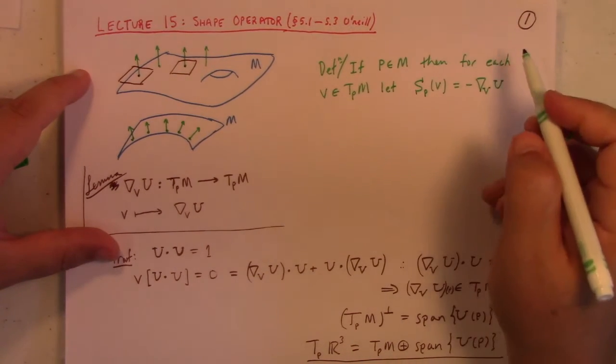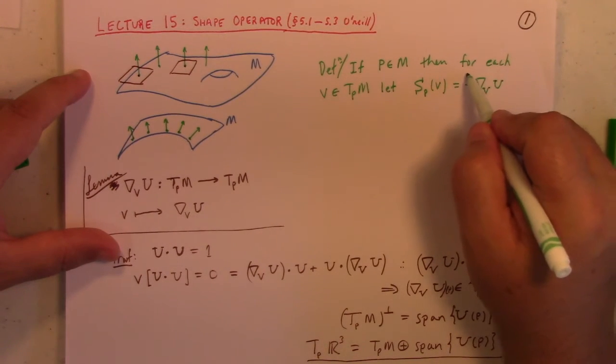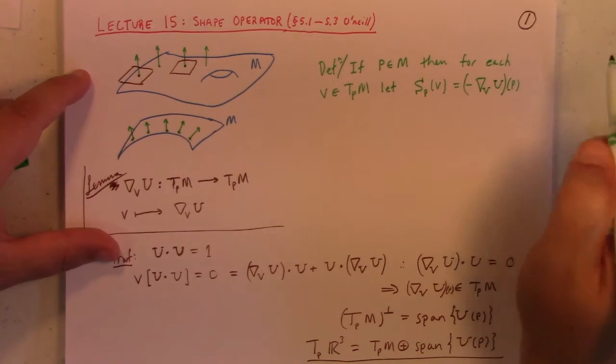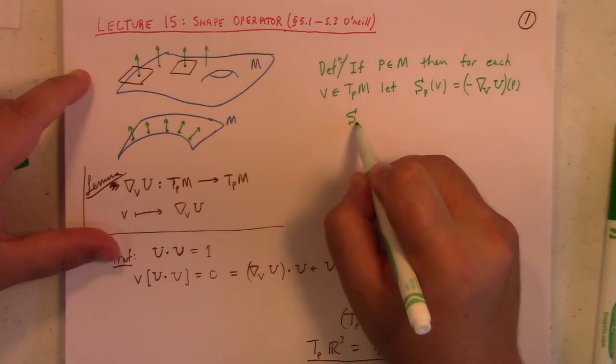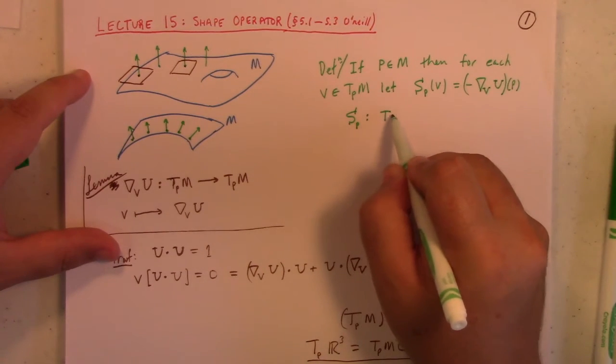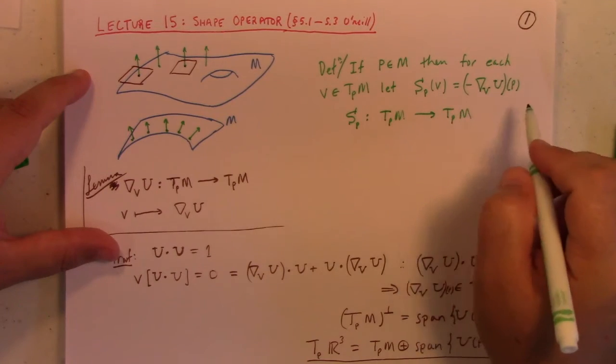Okay. And just to be super annoying about it, that's at the point P. Anyway, this S_P, which as I've just proved is a mapping from T_P M to T_P M, is the so-called shape operator.